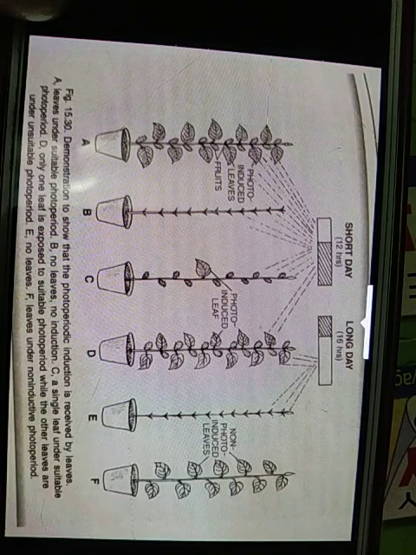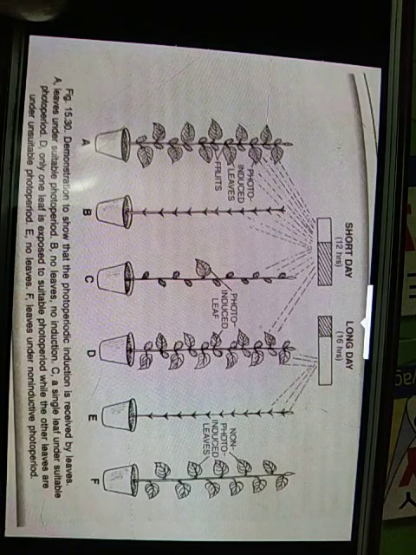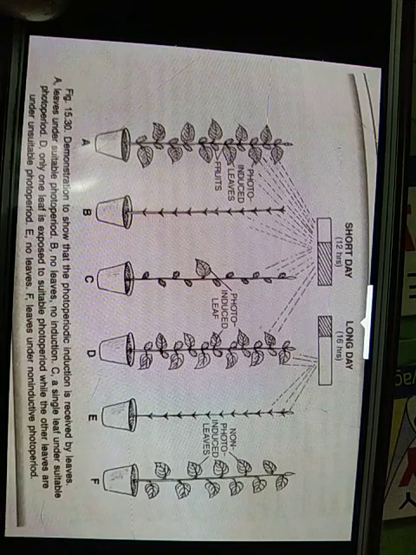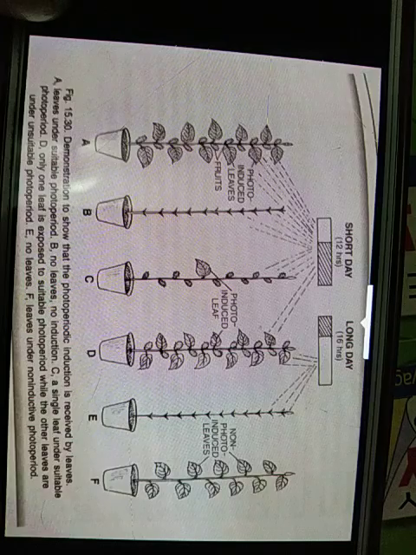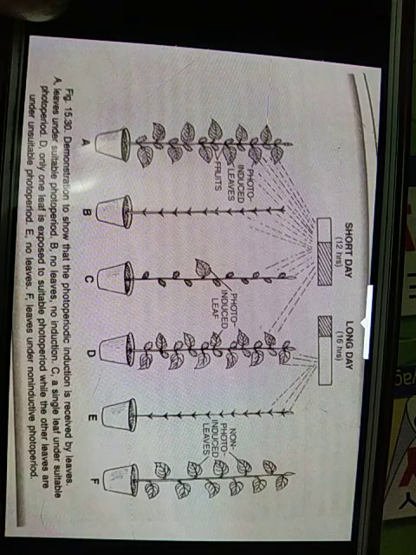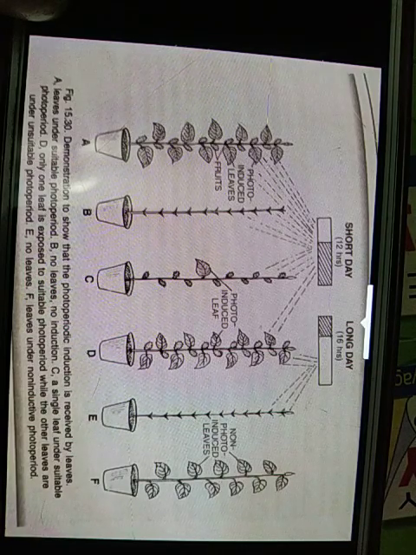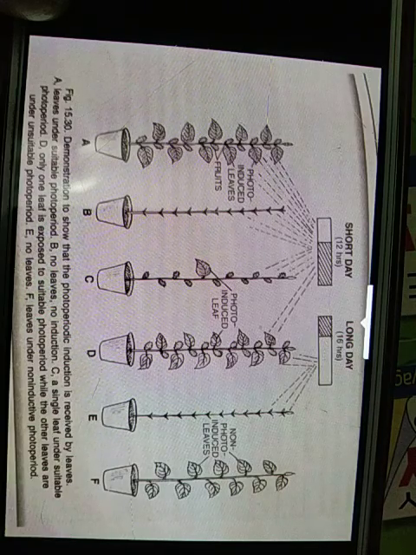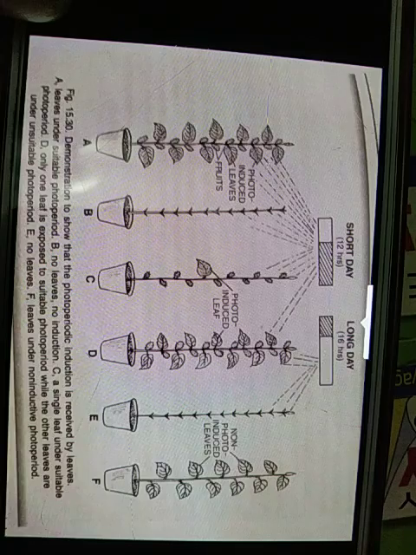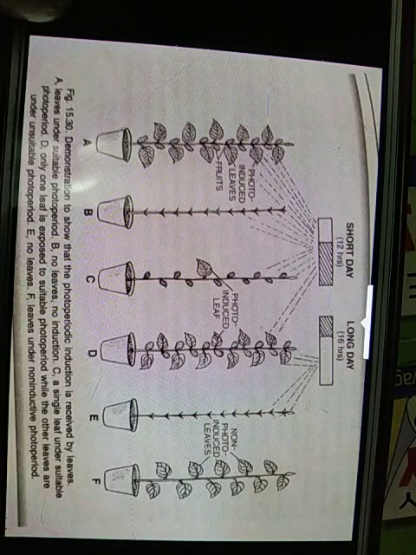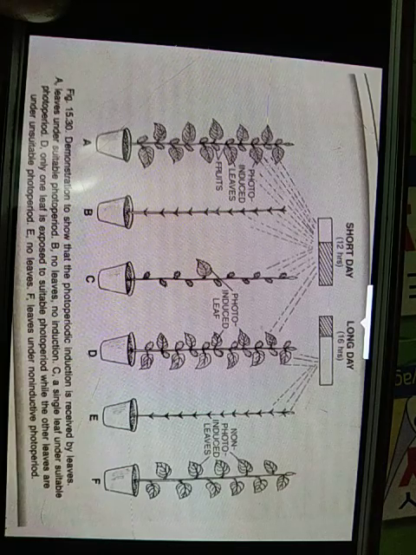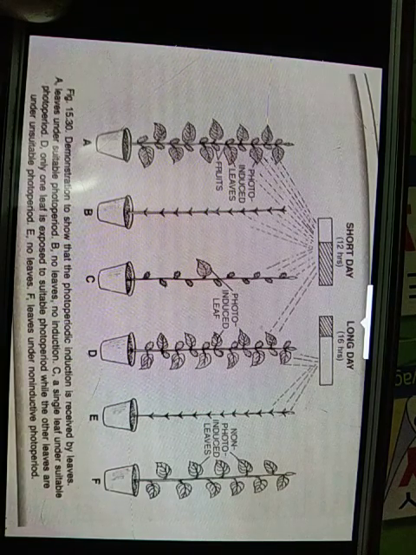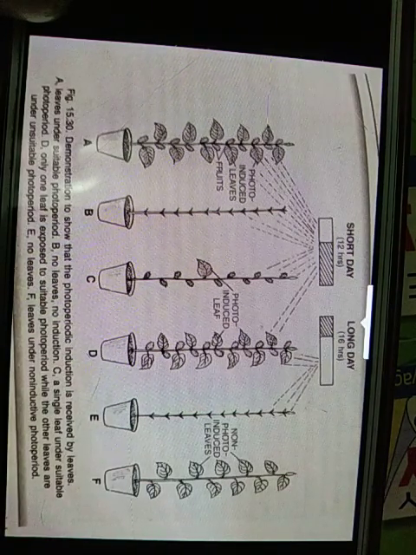Exceptions are found in Pharbitis nil and Chenopodium rubrum, where the seedling can be photo-induced even in the cotyledonary stage. The minimum number of appropriate photoperiods required for induction varies from 1, that is Xanthium, to 25, that is Plantago.